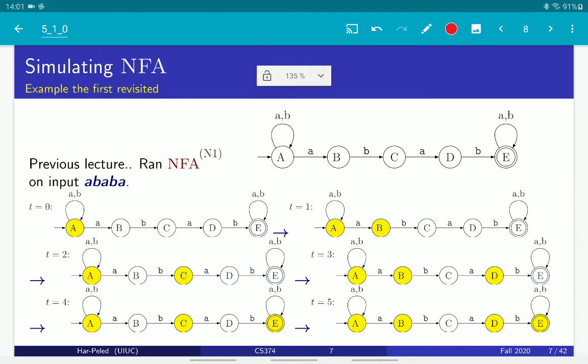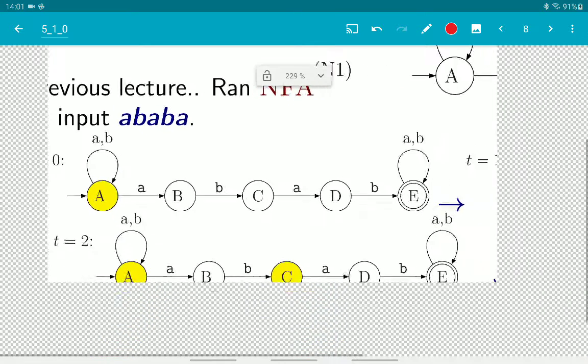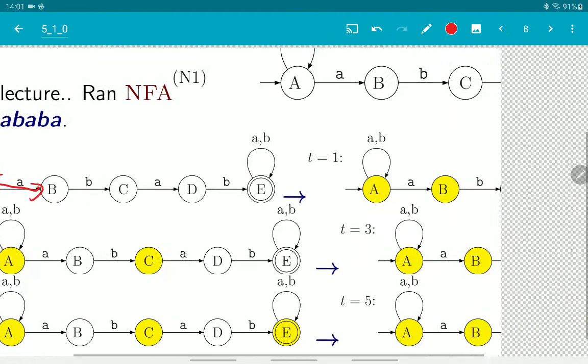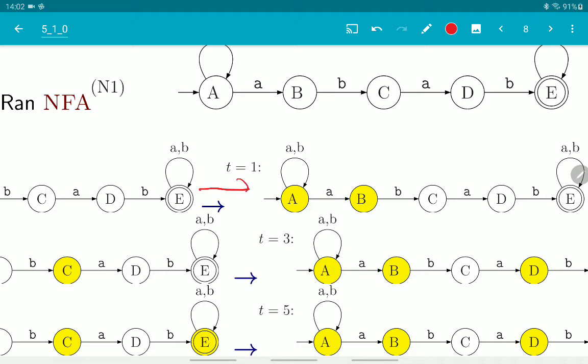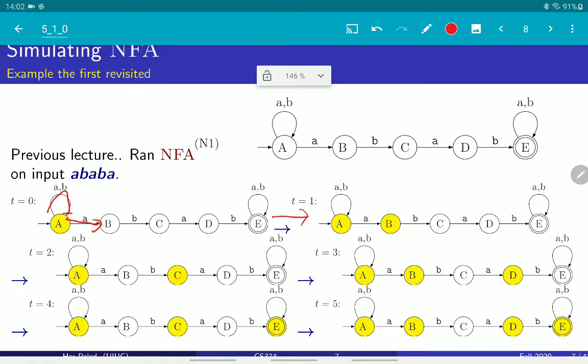In the beginning we were in the start state, the initial state. On the input A, the NFA either moves forward or stays where it is. So after reading the A, the NFA might be in those two states, and it continues in this fashion. You enter the next input and you get that.